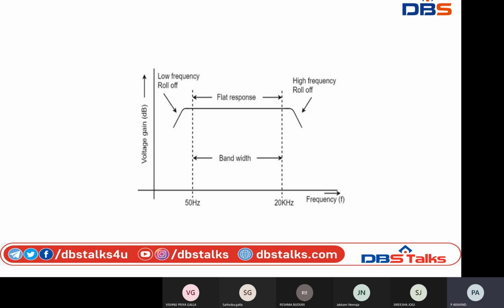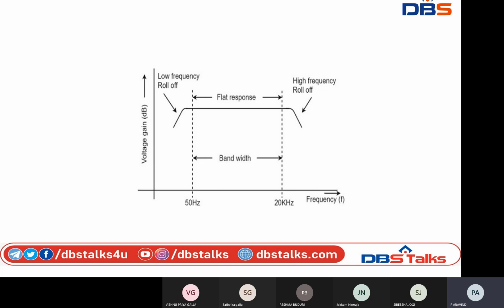See here, at low frequencies, that is below 50 hertz, the capacitive reactance is inversely proportional to the frequency. So if the frequency is low, then the reactance is quite high. Why? Because we know that capacitive reactance Xc equals 1 by 2 pi Fc.